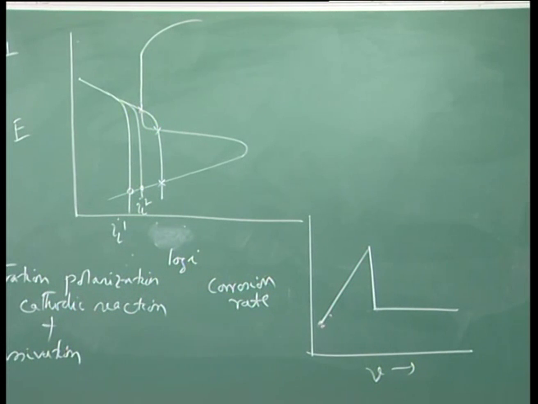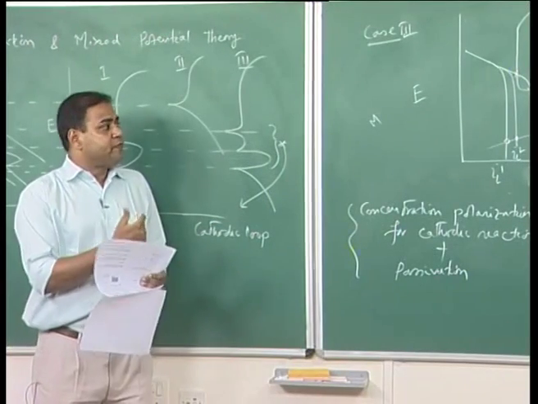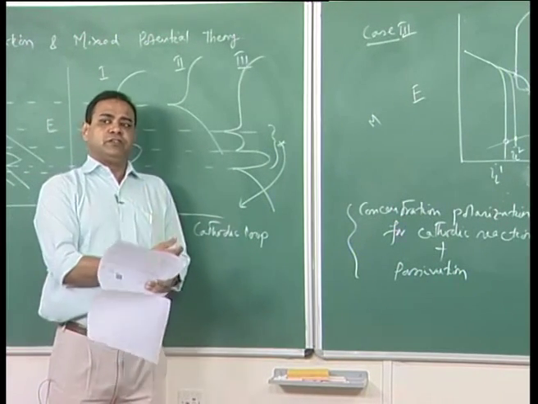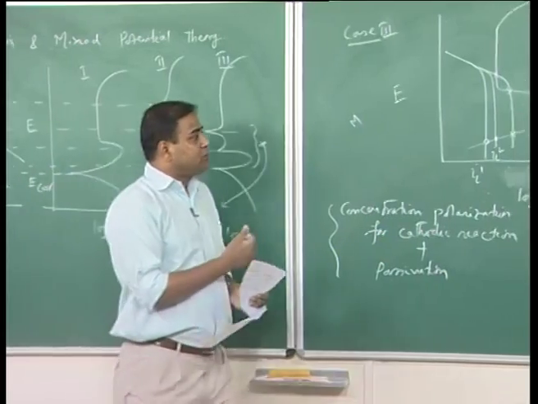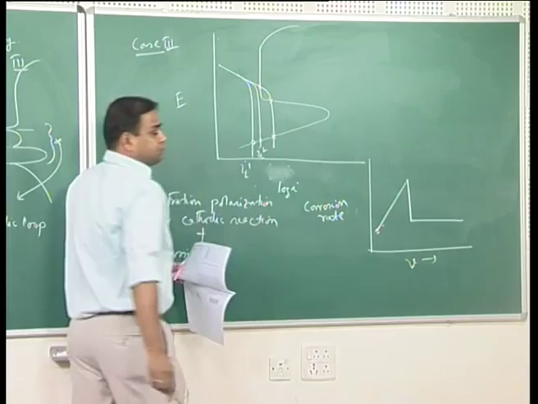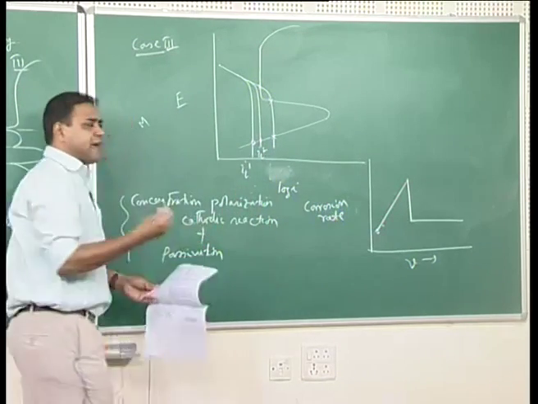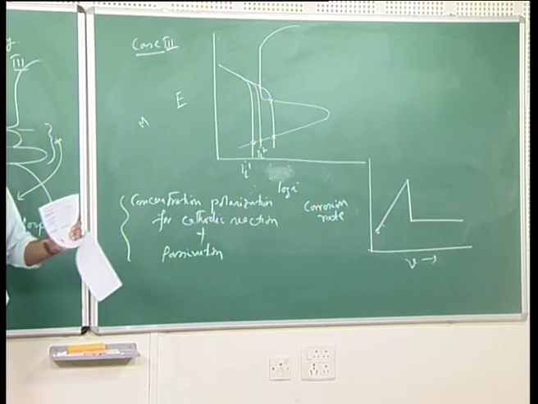Now, the point is, we have started with a freshly prepared alloy or metal. If it is freshly prepared metal, then the anodic polarization will happen on the basis of the cathodic polarization. Now, the cathodic polarization is cutting the line first at this position, because now it is already in active state, there is no surface layer.